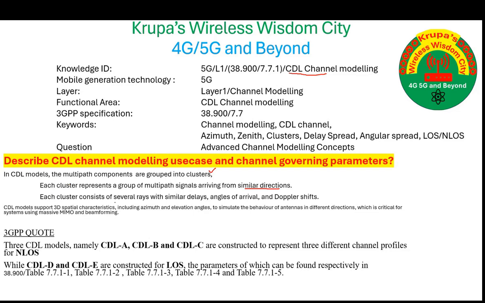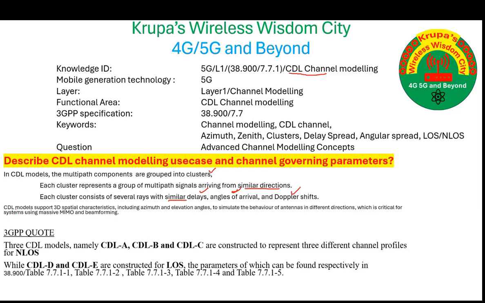Each cluster consists of several rays, in other words several multipath components with similar delays, angle of arrival, and Doppler shifts. We group them and call them a single cluster, and in CDL we have multiple clusters to model the channel.